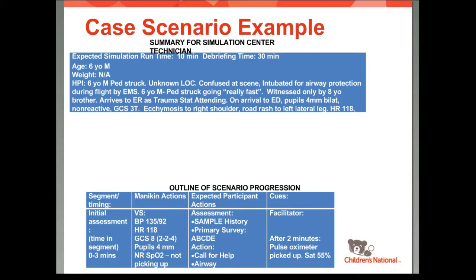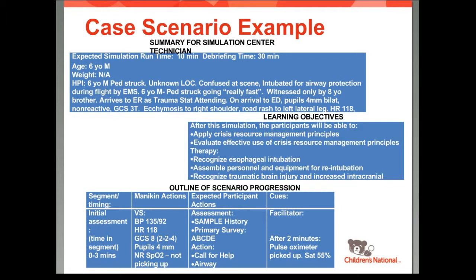And oftentimes you'll have 3 or 4 elements from an initial state, a progression, and a decompensation or resolution. And those can be the scenario progression portions. Equally important in all of this will be your learning objectives and making sure that your scenario as well as your progression all is able to speak to the learning objectives.